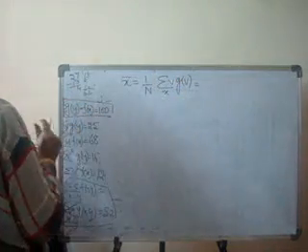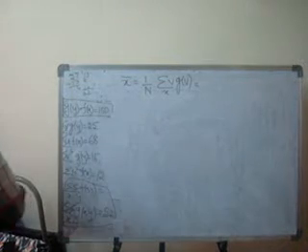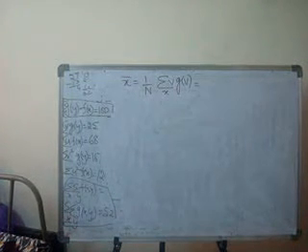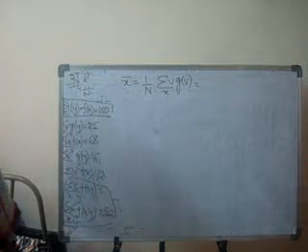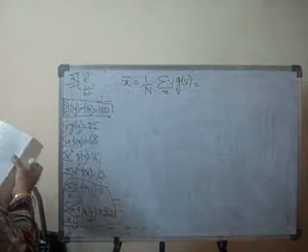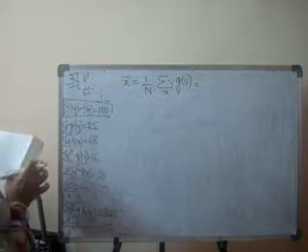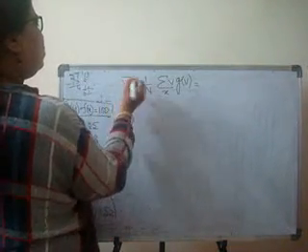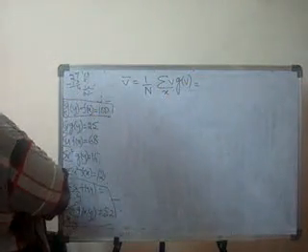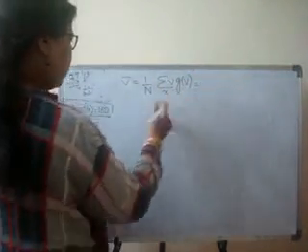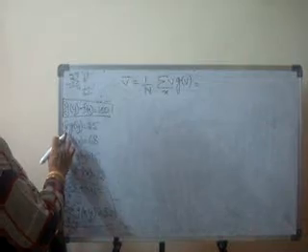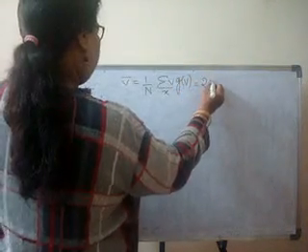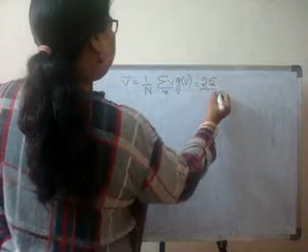Now what are the values? V into g of v is 25 divided by 100.